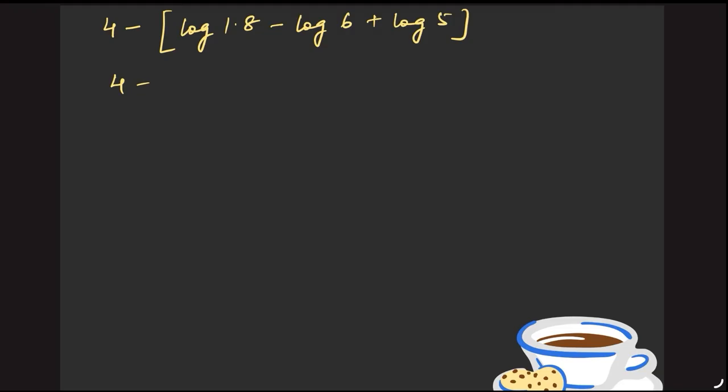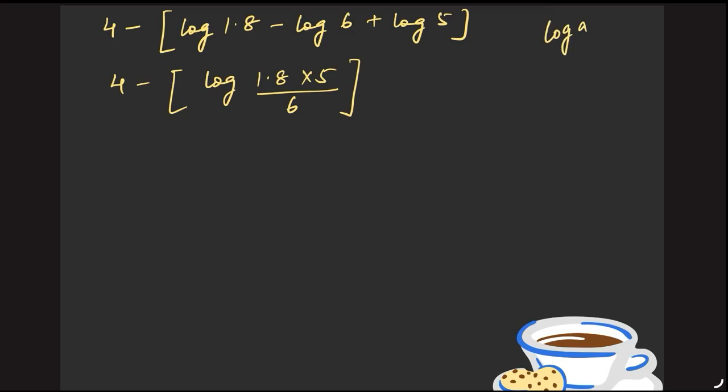So this can be written as log 1.8 and log 5. So this becomes log 1.8 into 5, and minus log 6 will go into the denominator. So this can be written as log 1.8 into 5 by 6.